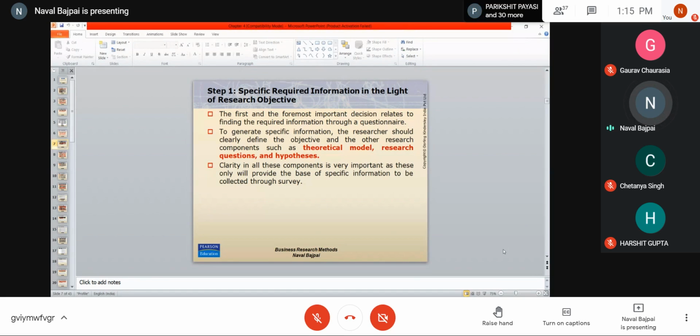I would again be reiterating that my theoretical model in the context of our class is by default buying intention. So when the buying intention theoretical model is constructed, after that I would frame research questions, and on the basis of that I would set hypotheses.